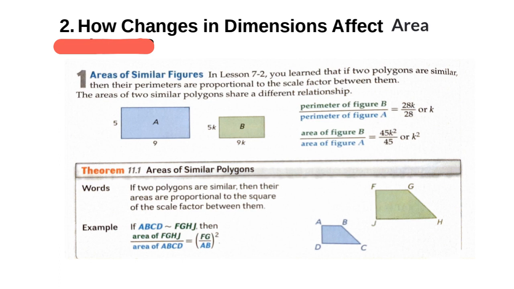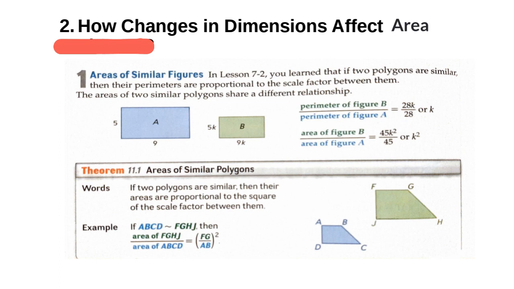So we have the area of rectangle B is 9k times 5k, which is 45k squared, and the area of rectangle A is 9 times 5, which is 45. So then the ratio of the area of rectangle B to the area of rectangle A is 45k squared divided by 45, which can be simplified to k squared. And we know that k is the scale factor.